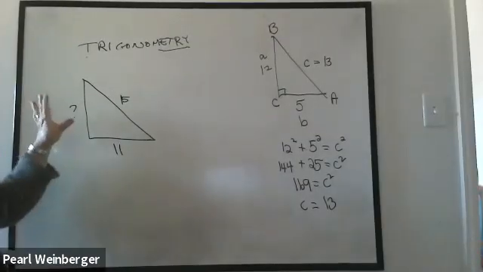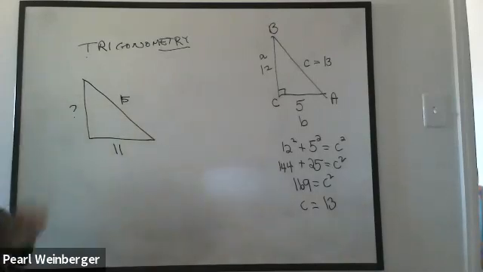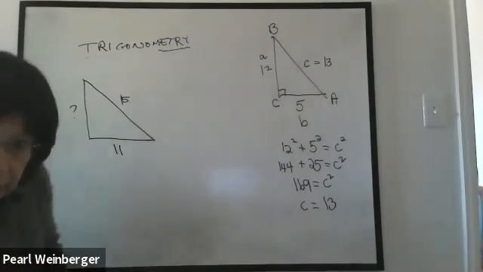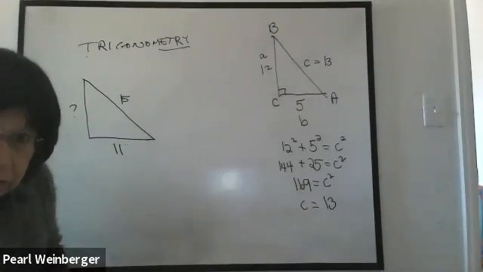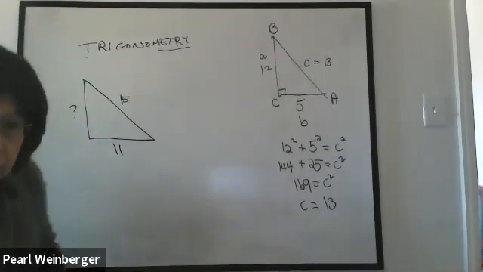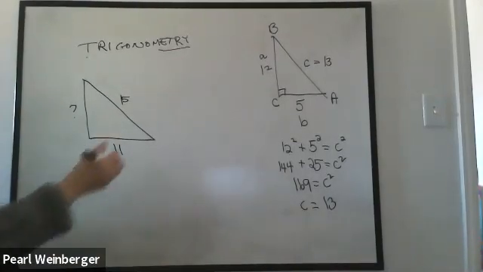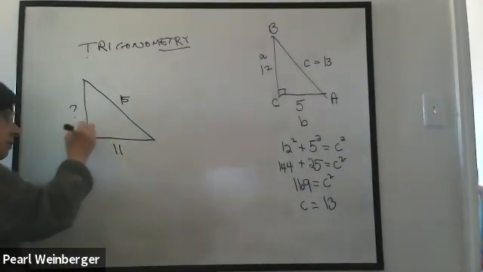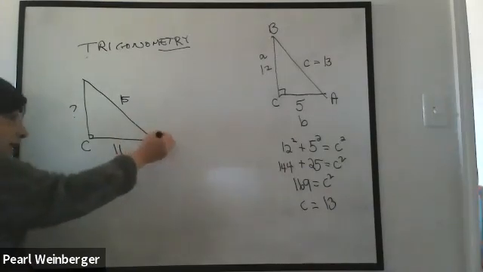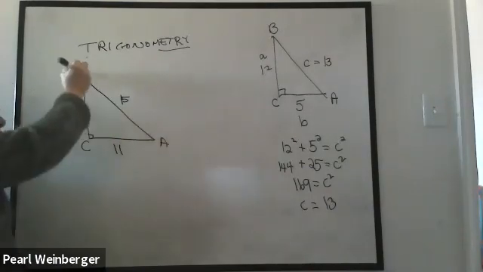Okay, so we want to find the third side of this right triangle. Now you don't have to do this, but I like to label the triangle with letters. So I always put my C at my right angle, and I like to put the A at the bottom and the B at the top.